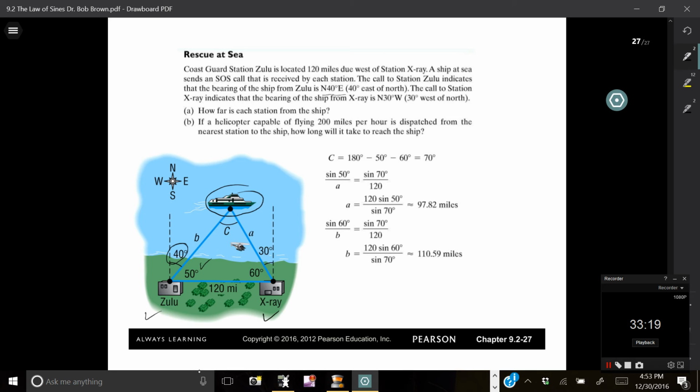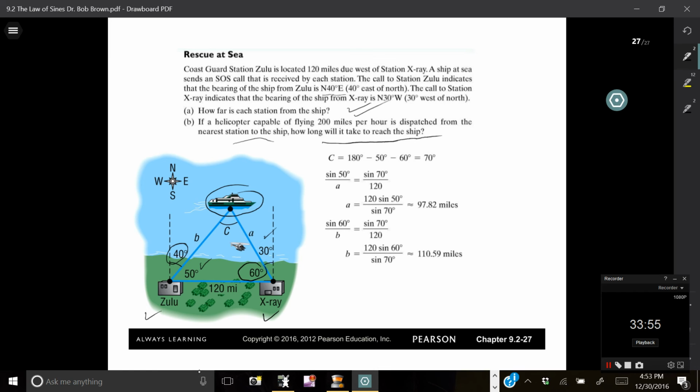The bearing to the X-ray is going to be 30 degrees and making this triangle 60. And we want to know how far is each station from the ship. And if a helicopter capable of flying 200 miles per hour is dispatched from the nearest station to the ship, how long will it take to reach the ship?